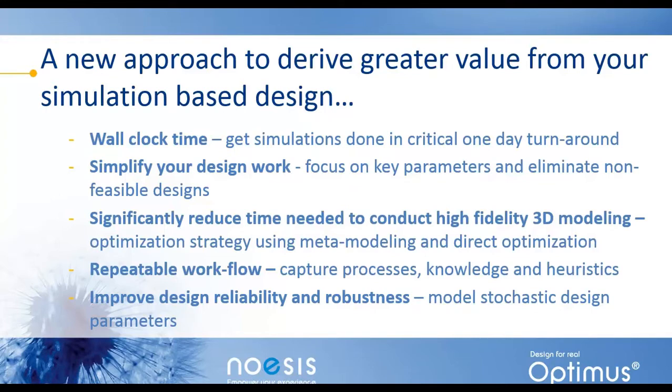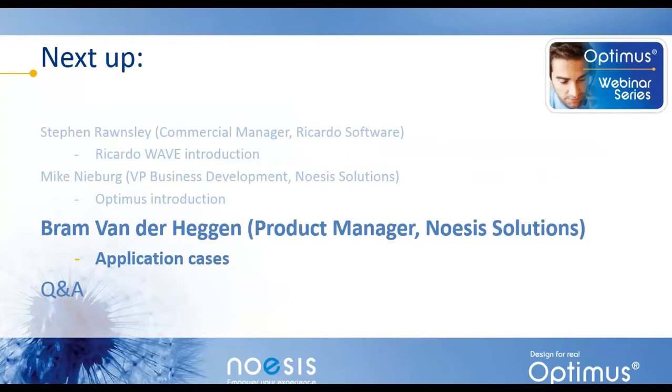Simplify your design work by enabling you to focus on the key design variables. Through this meta modeling that I told you about, this interpolated response surface technique, you can get much faster results and then focus on the most optimal designs. You do end up with a repeatable workflow, and if necessary, you can put in the stochastic aspects, the probabilities.